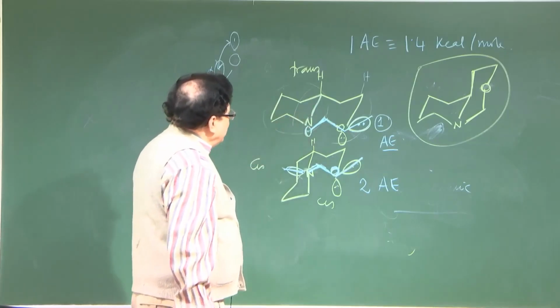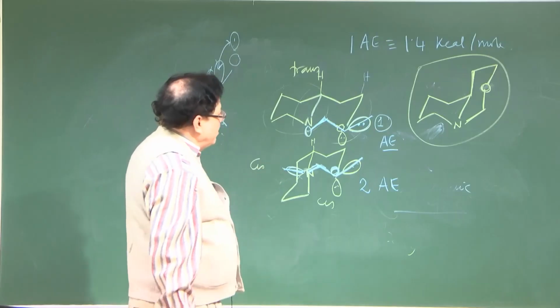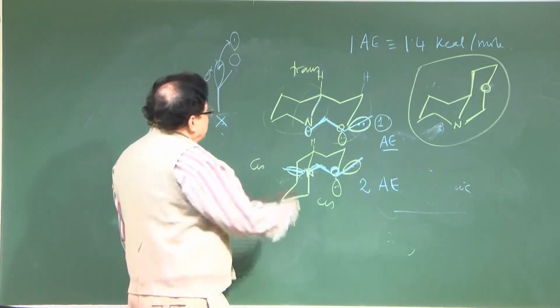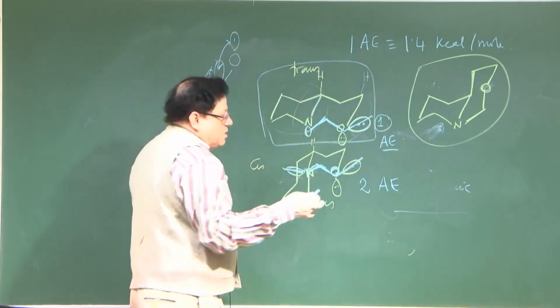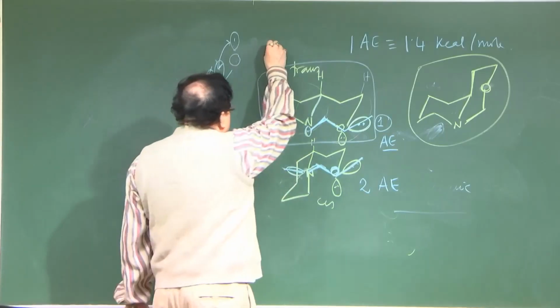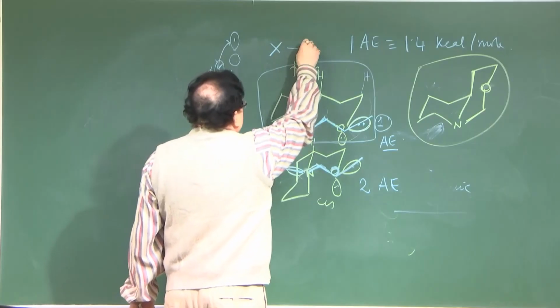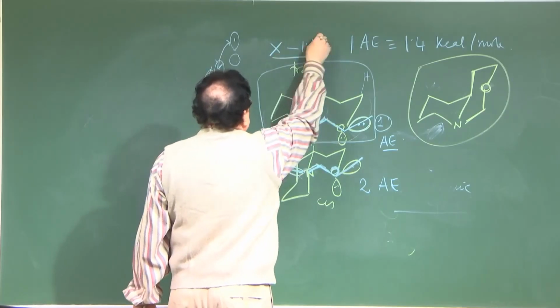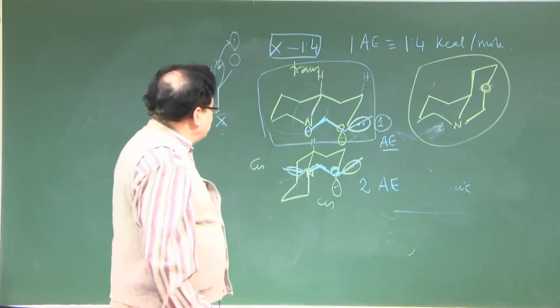So, it has got a stabilizing interaction of one anomeric effect. Suppose the whole skeleton, the carbon, carbon, carbon, nitrogen bonds, has an energy of x, then it will have x minus 1.4.